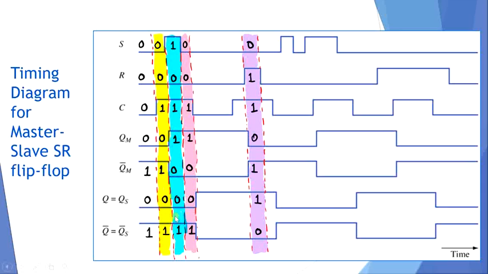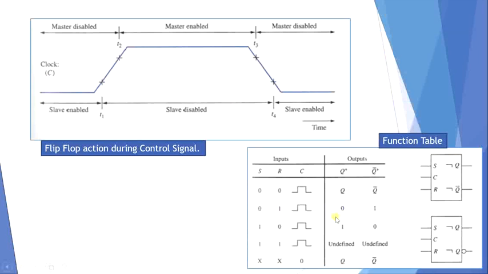In this particular case, you should see what will be the output of QM and QM bar, equal to 1, 0 that you have seen here. As per the function table, you have the 1, 0 combination. When the clock pulse is applied, the output is equal to 1, 0.